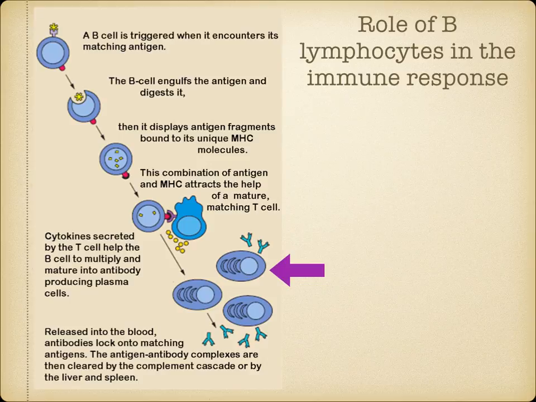So the B lymphocyte is activated to divide by mitosis to give a clone of plasma cells. The cloned plasma cells produce antibodies that exactly fit antigens on the pathogen's surface. So the antibodies can attach to the antigens on the pathogen, causing agglutination and then lysis of the pathogen so that the pathogen is destroyed, and we call this the primary response.